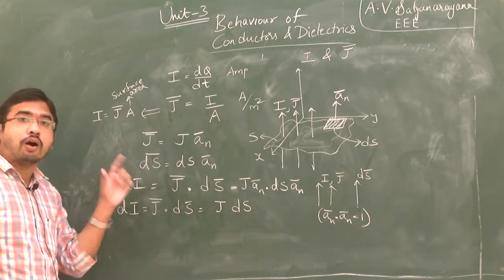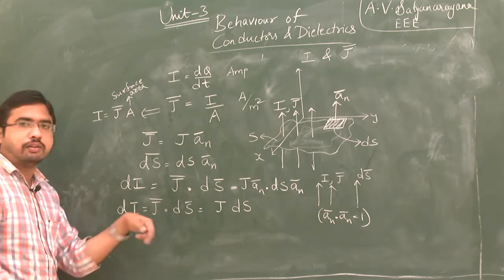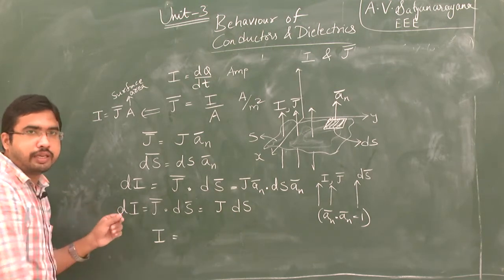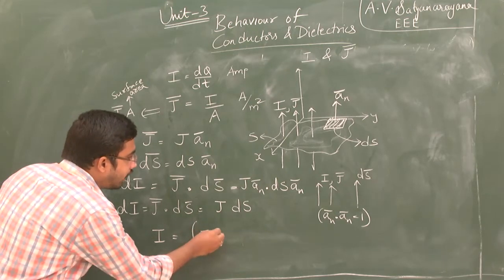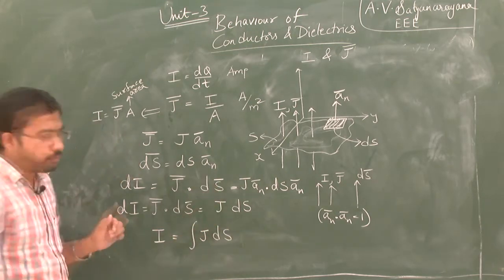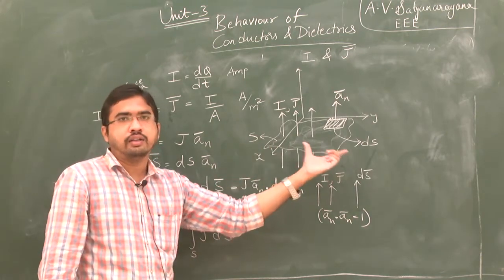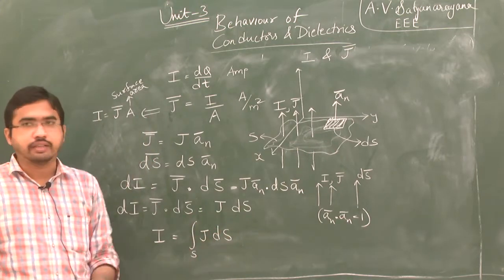If you want the total current, then you integrate on both sides. On integrating both sides, the integration and derivative will cancel. Then I is equal to integral J ds. That means this is the surface integral. As you are considering a surface area, it is the surface integral of J ds.